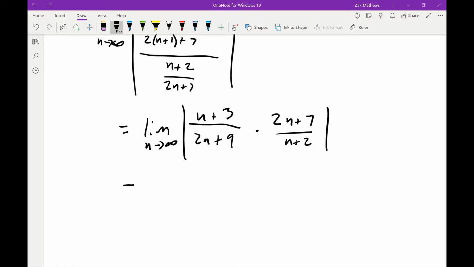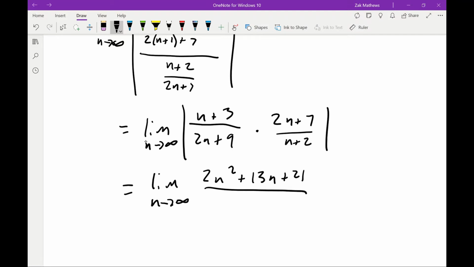So if I want to take this limit, I can probably see where it's going by now, but if we can't, it might be a good idea to multiply it out. So we'd have 2n squared plus 13n plus 21 over 2n squared plus 13n plus 18. So notice the factors weren't the same, they weren't going to cancel, no factors canceled in this line right here.